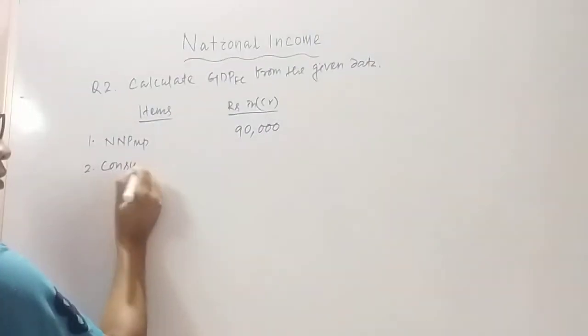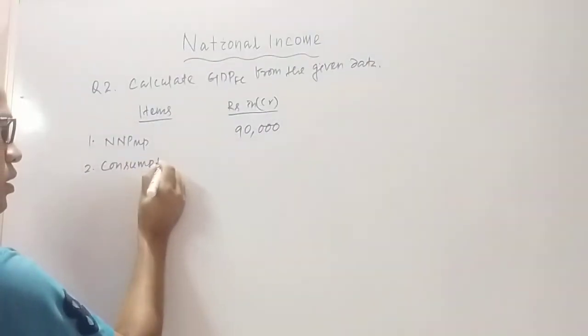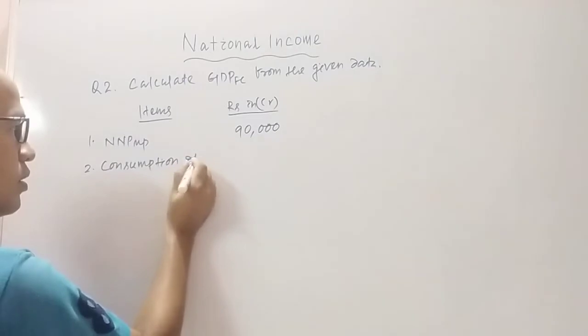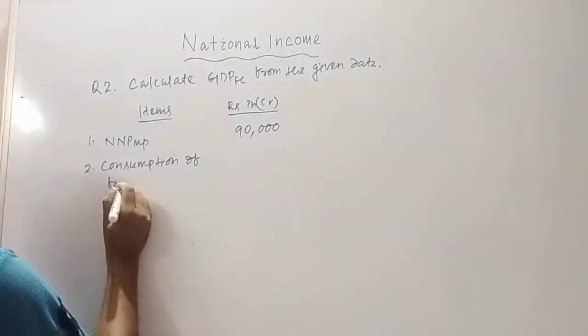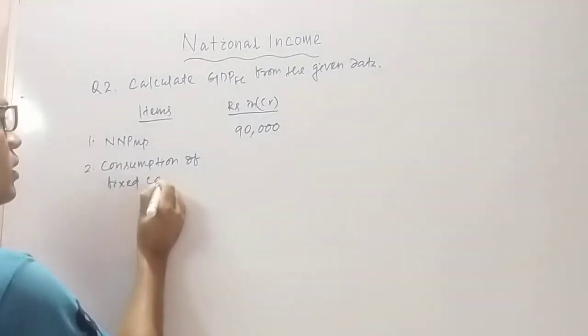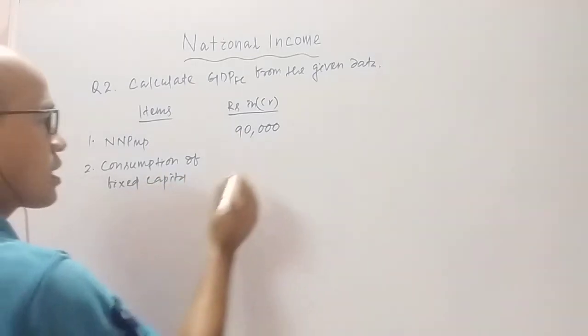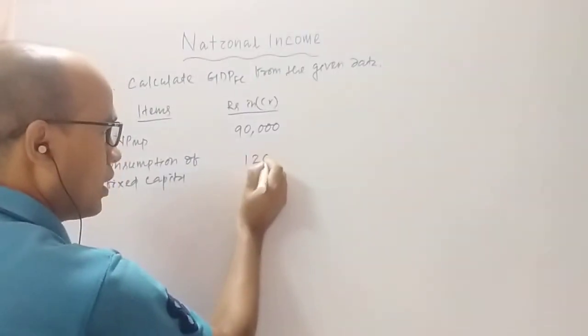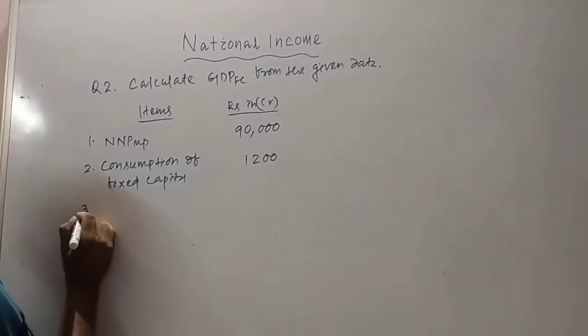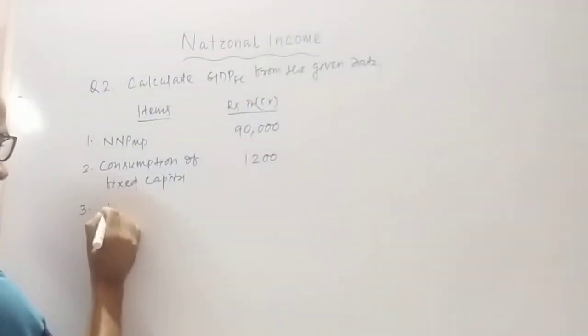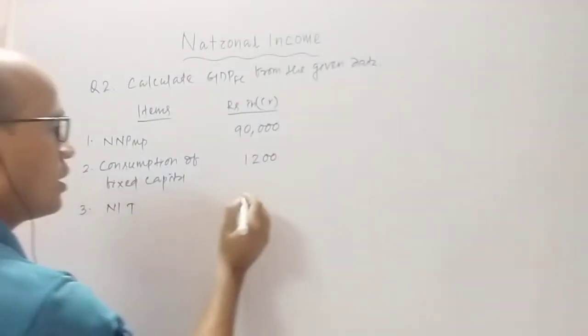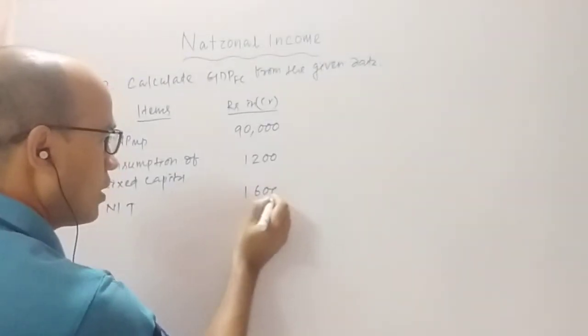Consumption of fixed capital, the other name of depreciation, is given as 1,200, and here your NIT is given as 1,600.